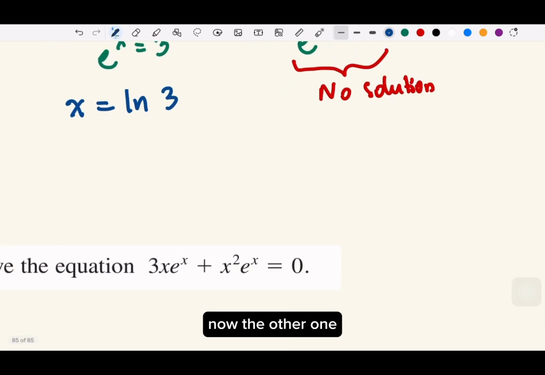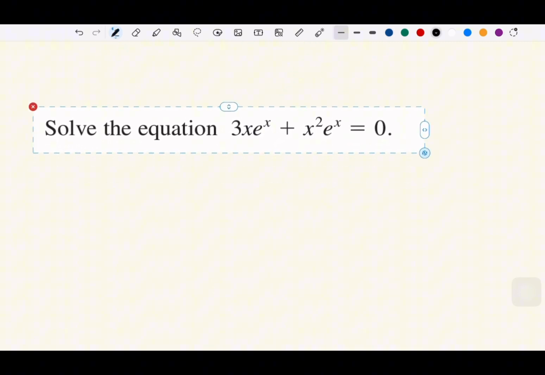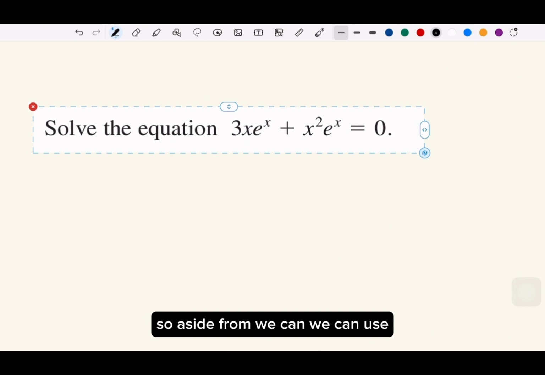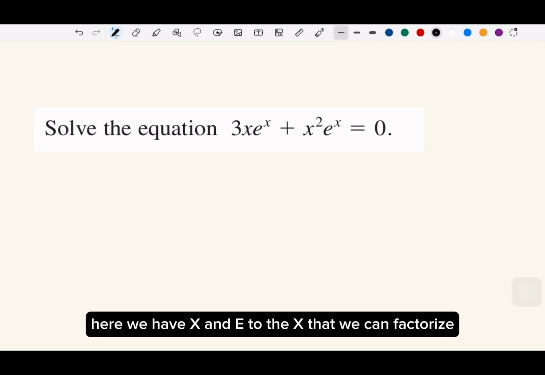Now the other one, we have this. Aside from using another variable to help, we could simply factor the common factors in the equation. For example, here we have x and e to the x that we can factorize.